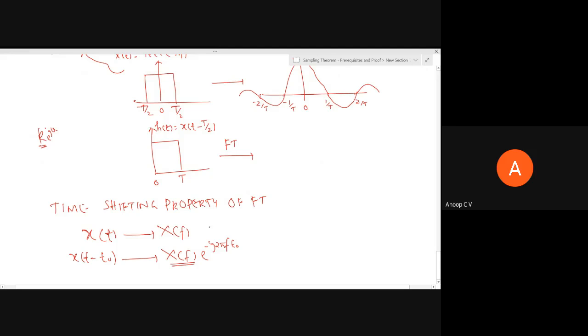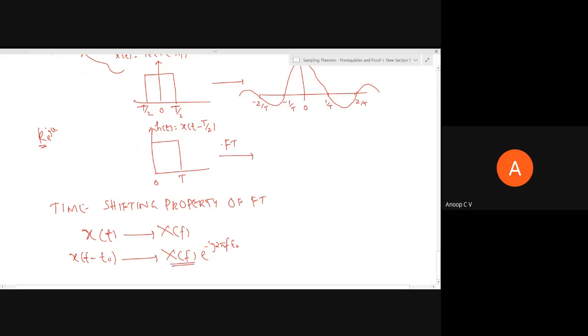So the magnitude spectrum of x of t and x of t minus t naught remains the same, it's x of f itself. And the phase is shifted by an amount 2 pi f t naught. So there is only a change in phase.